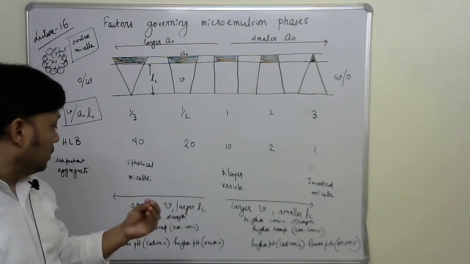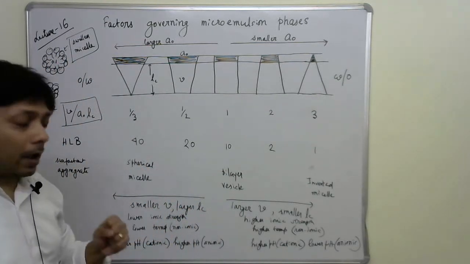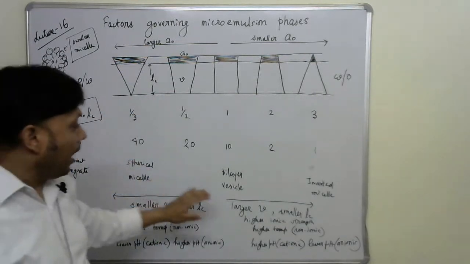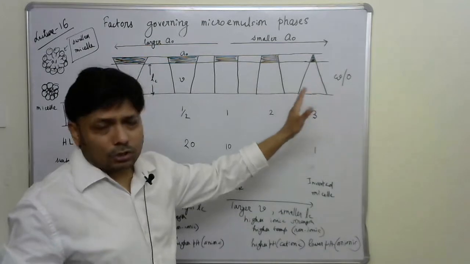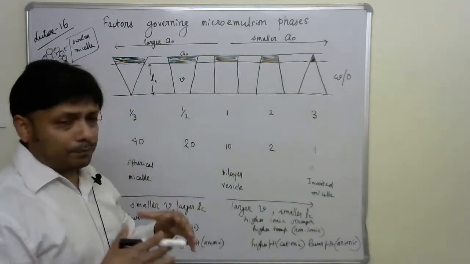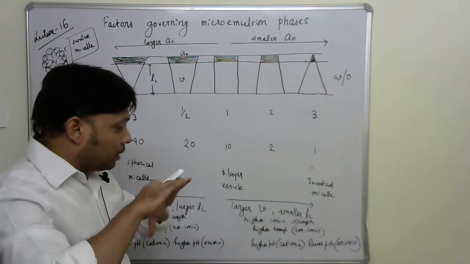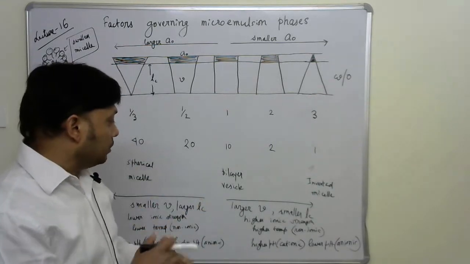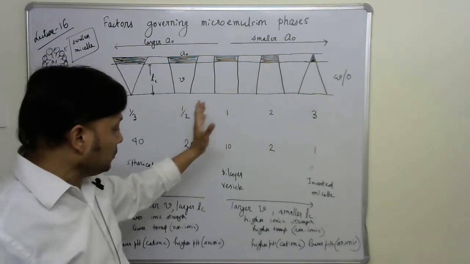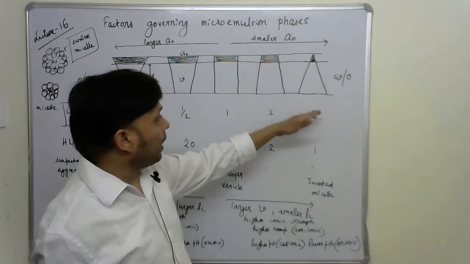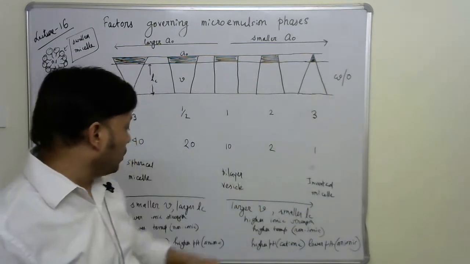So if we are talking about ionic surfactant, at lower ionic strength we have oil in water. At higher ionic strength we have a tendency to form water in oil, because if we add some extra electrolytes it would try to screen the charge of the ionic polar head group and it would behave in a non-ionic manner, and we have formation of water in oil.